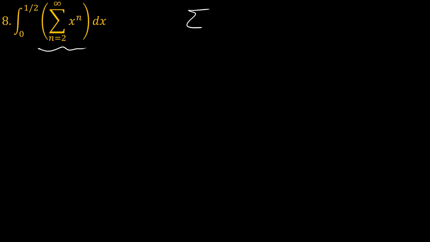If you have r to the n, where n runs from 0 to infinity, this is the same as 1 over 1 minus r, and this happens when the absolute value of r is less than 1. Okay?